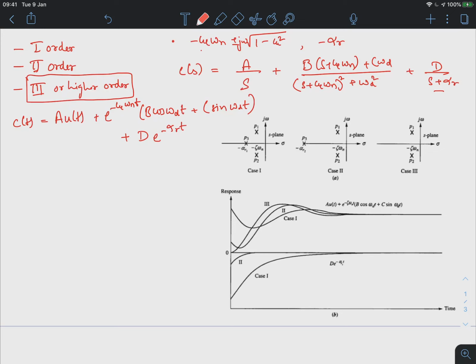Okay, so on the pole zero plot in figure A, you see three different cases: case 1, case 2 and case 3, where the location of the complex conjugate poles is fixed.